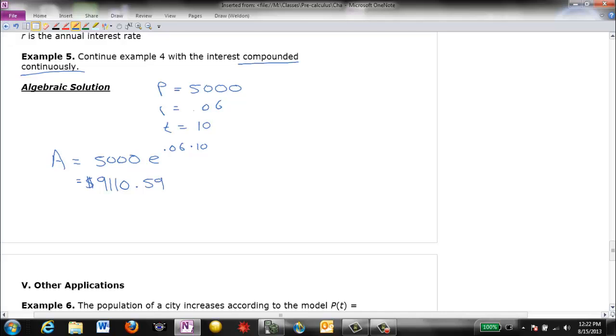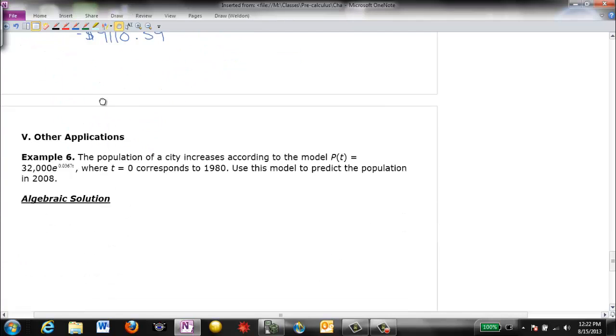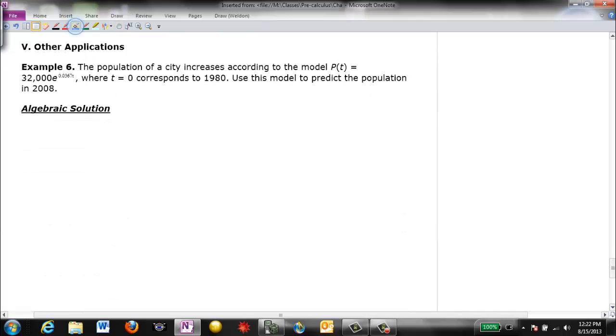One last example here, and then we'll conclude these notes. We're looking at the population of a city. This exponential growth model that I gave you, A equals P times e to the rt, can also be extended to different applications besides savings accounts.